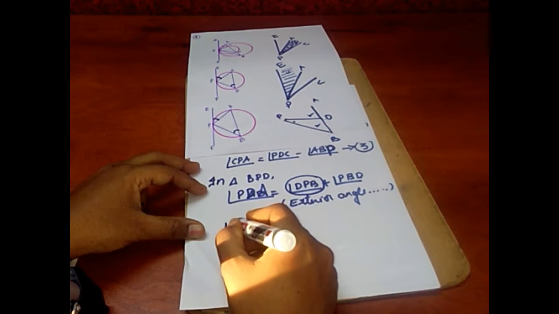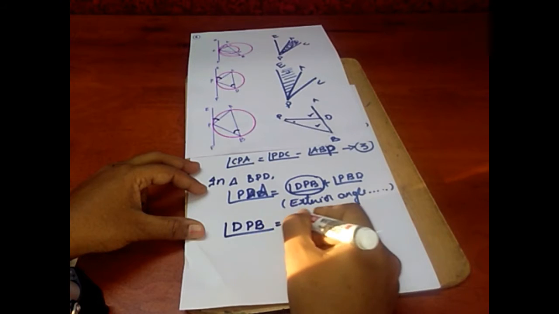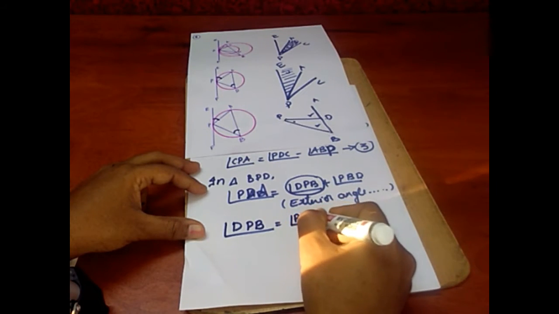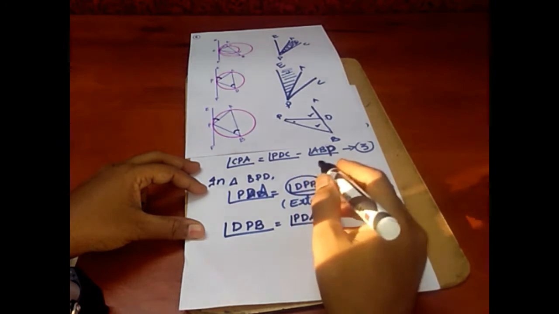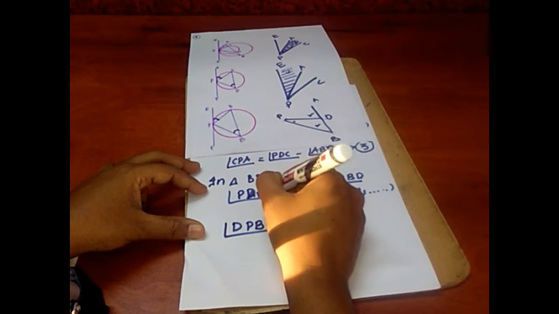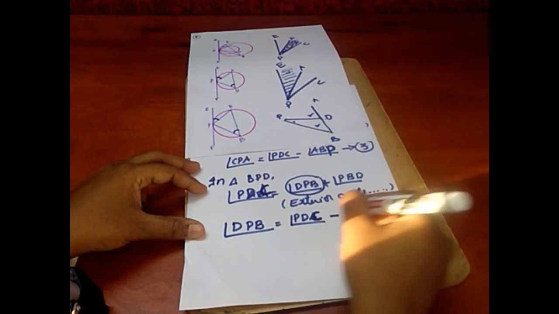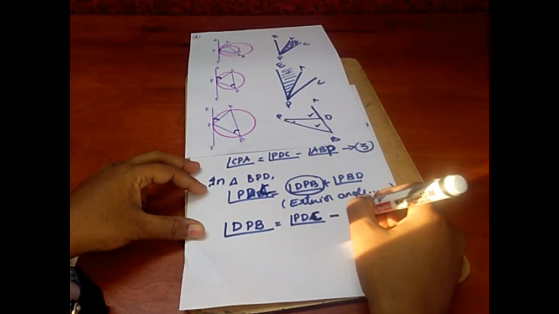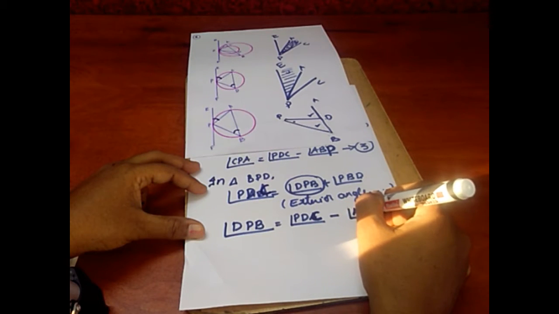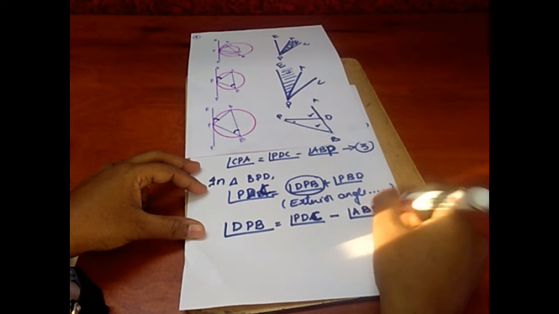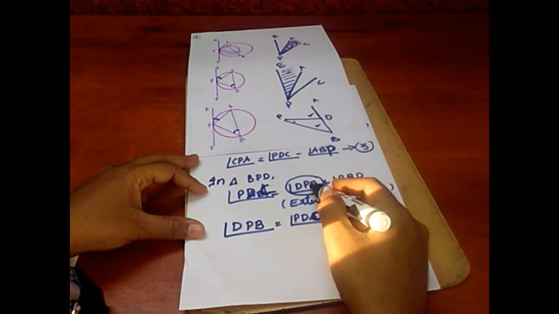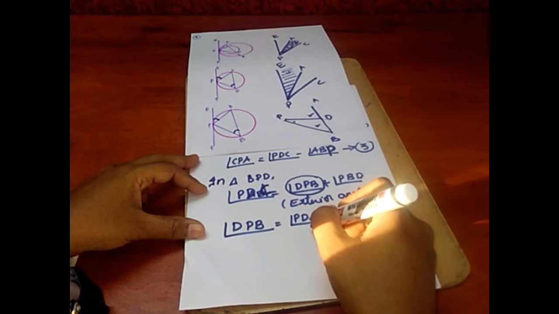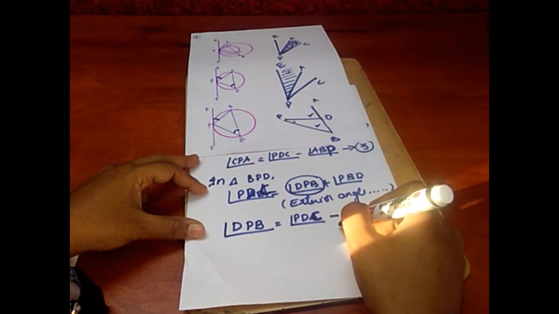Angle DPB is equal to angle PDA, or PDC, both are on the same line, minus angle PBD. So DPB is written in terms of angle PDC minus angle PBD.